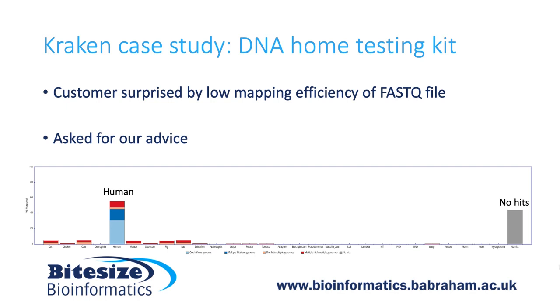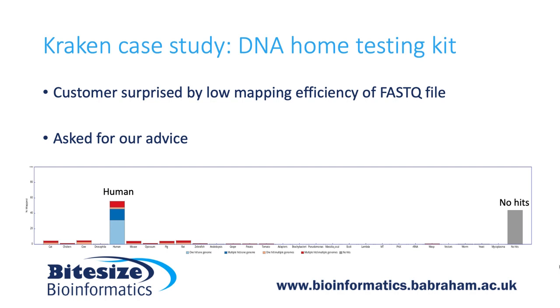For the particularly poor samples, the number of reads which mapped to the human genome was very low, I think we were talking under 20%. So the person who got in contact with us really wanted to understand what was going on, and why they couldn't map their reads to the genome.